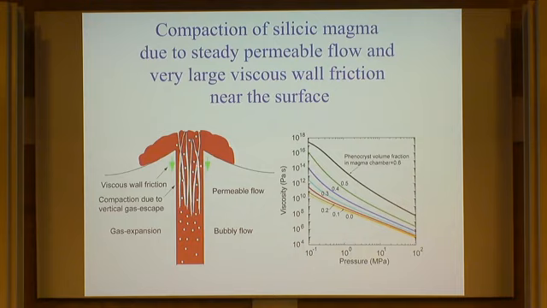And that causes very big viscous wall friction. So liquid flow is strongly suppressed because of this viscous wall friction, but gas keeps flowing because it is light. That is why strong compaction occurs here. And actually, we observe very low porosity lava rock, but it might be explained by this compaction effect.